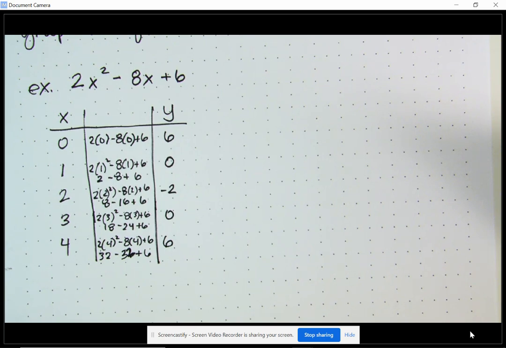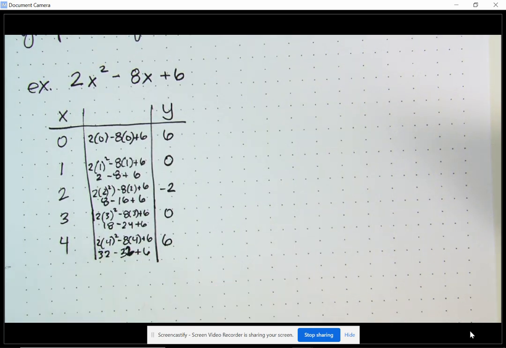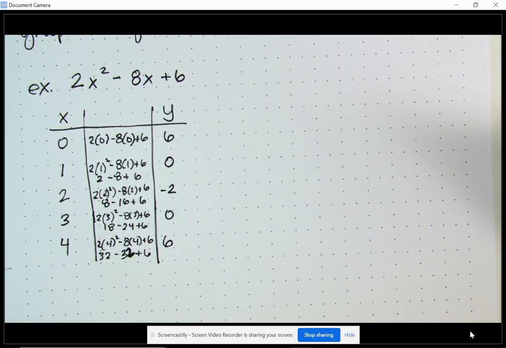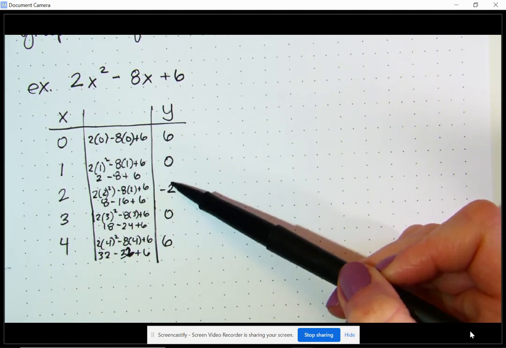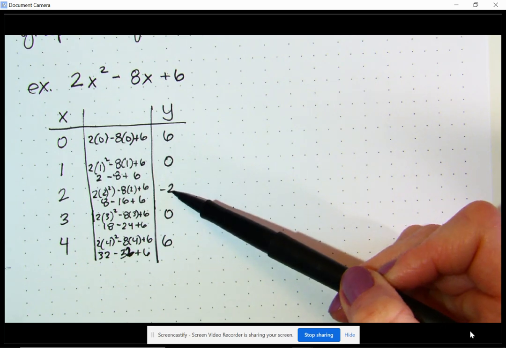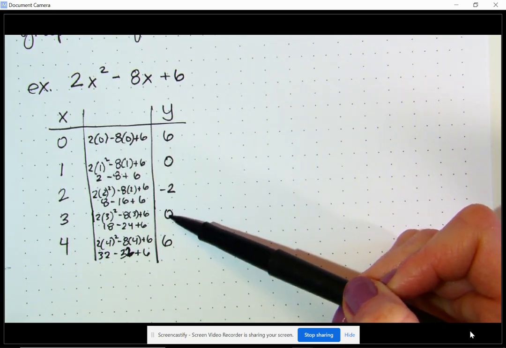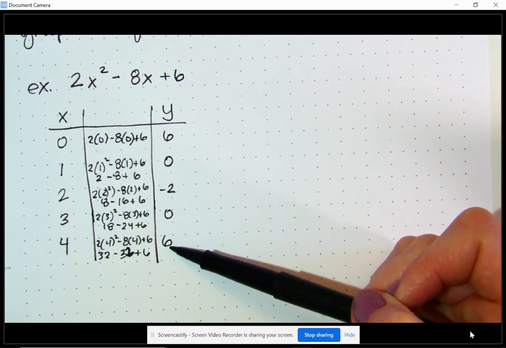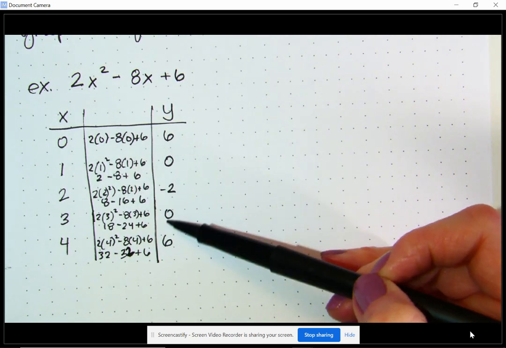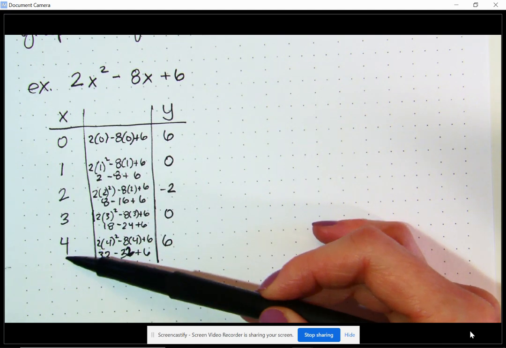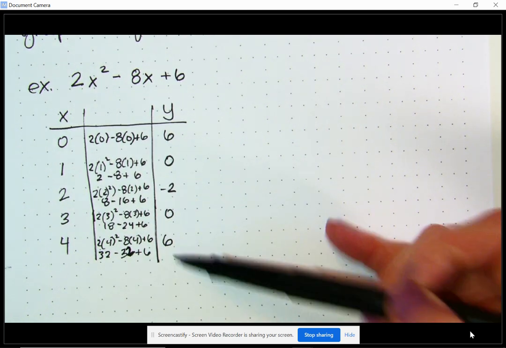All right, little mental math break there. Okay, so what you maybe started noticing, and I did too, is I have 6, 0, negative 2, 0. So now I'm starting to reflect, right? So that would mean my next would have to be 6. And the reason I know I can predict that is because my x's went in order. So I know if I start seeing that reflection.